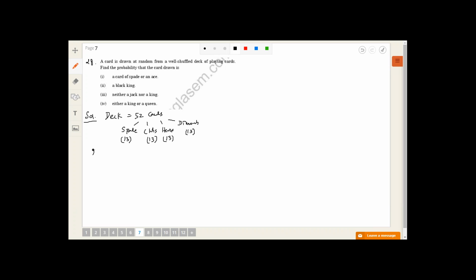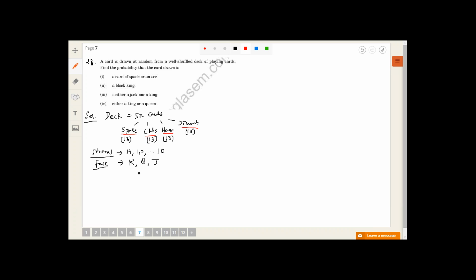Now the normal cards will be A, 1, 2 up to 10, and the face cards will be king, queen and jack. So each group will have 10 normal cards and 3 face cards.